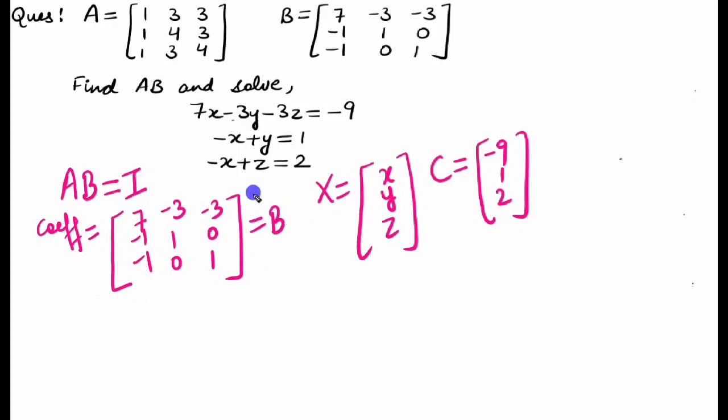So if B is like this, X is given like this and C is this, then the system of linear equations can be written as BX is equal to C. Now we are having two equations here.